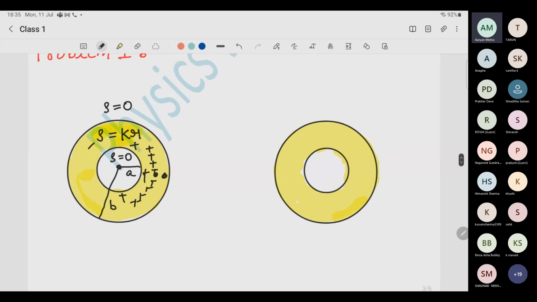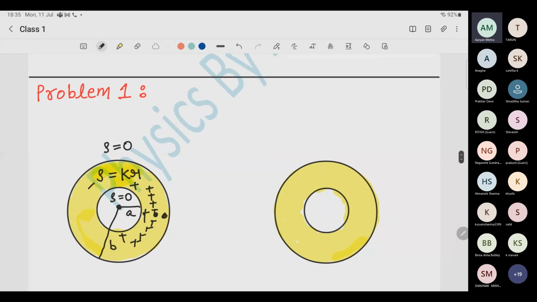Always remember in Gauss law and in Ampere's law, so please write a statement in your notebook. I will also write it with you. Gauss law and Ampere's law. Ampere's law we use in magnetostatics, but you write it here also.